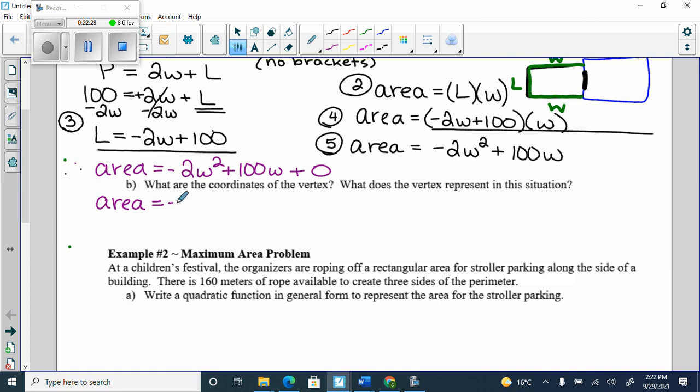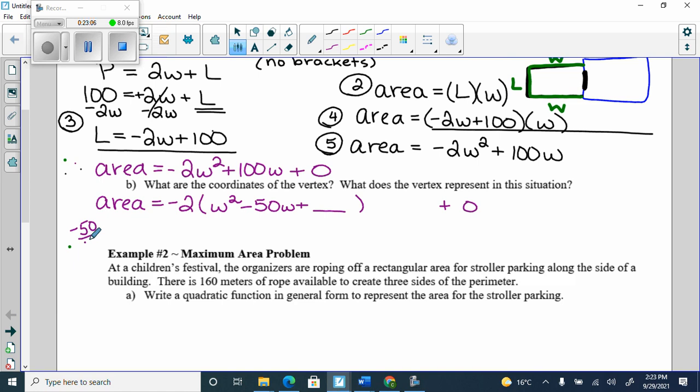So I get negative 2 bracket, take out a negative 2, W squared divided by negative 2 is W squared. And then 100W divided by negative 2 is negative 50W. And then I need to add something. At the back, I have a plus 0, technically. Do I have to write plus 0 at the back? No, but it makes people feel better. They need that third number. That's fine. How do I get the blank? The same way always. I take my B, my negative 50.